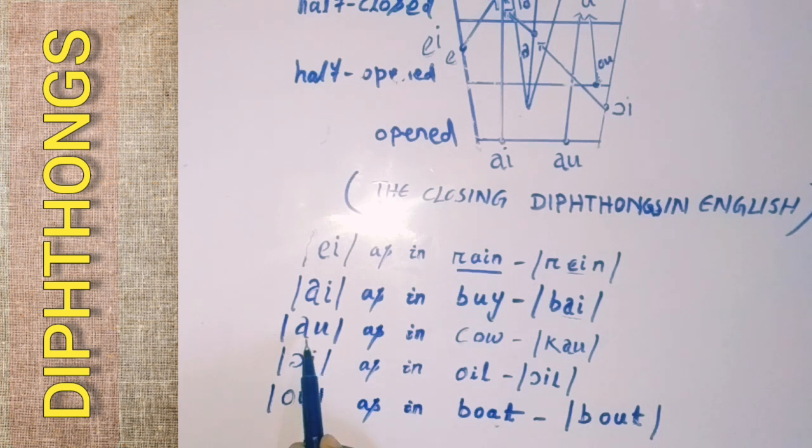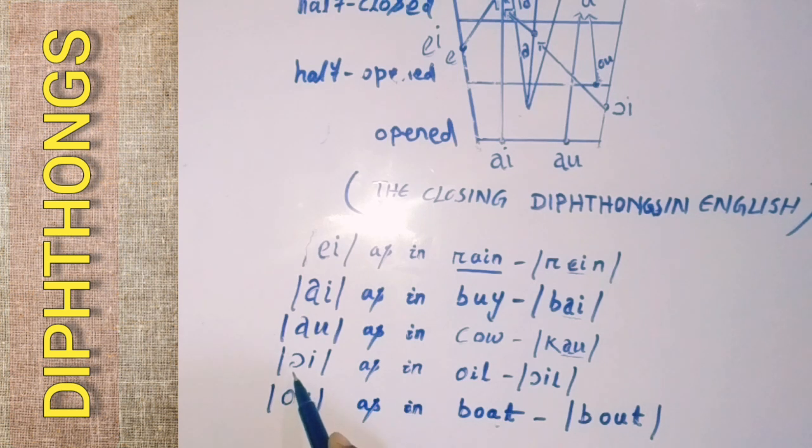Then the next gliding vowel is /aʊ/ as in the English word cow. Its phonetic transcription is like this: the C has the sound k, so here you write K then /aʊ/, /kaʊ/. This is the phonetic transcription of the word cow.